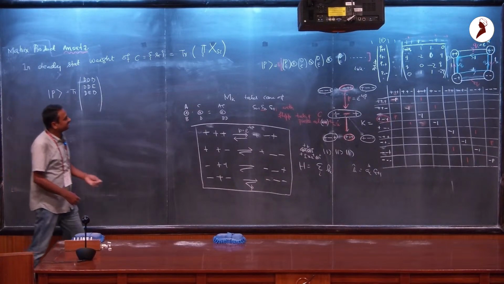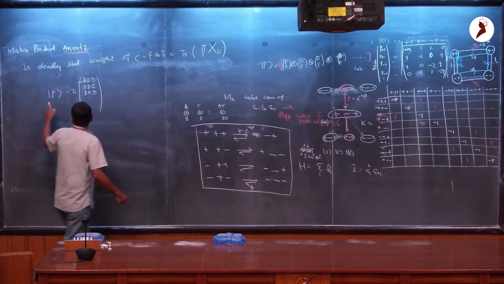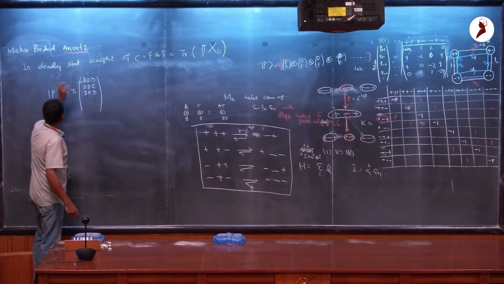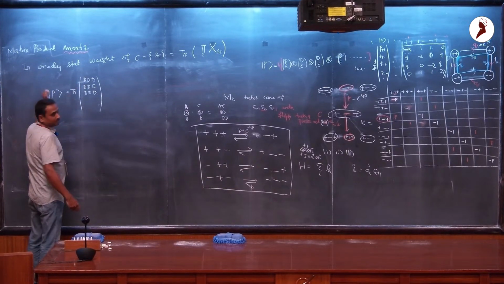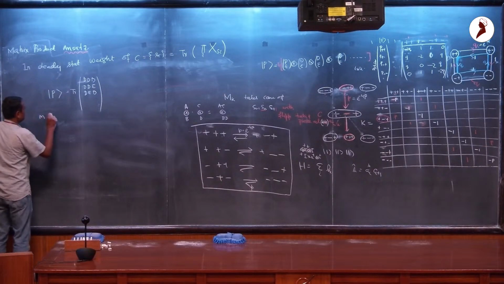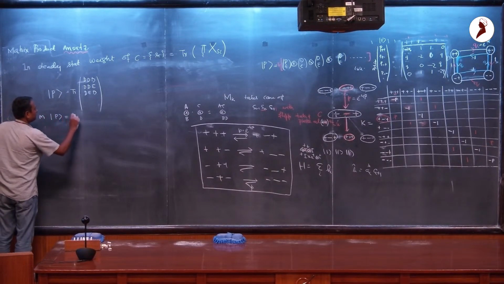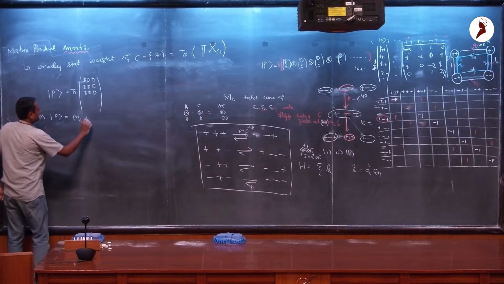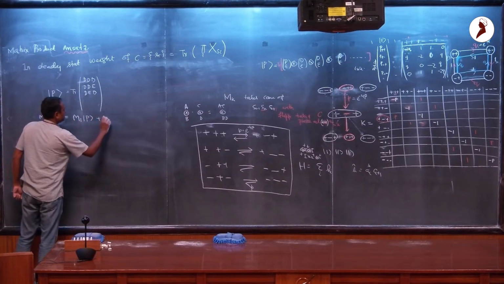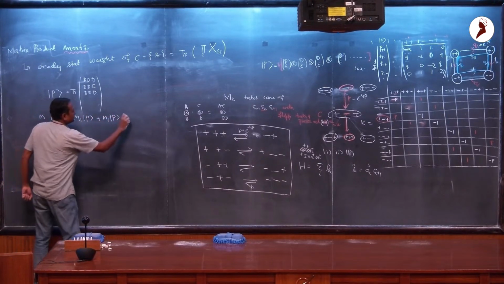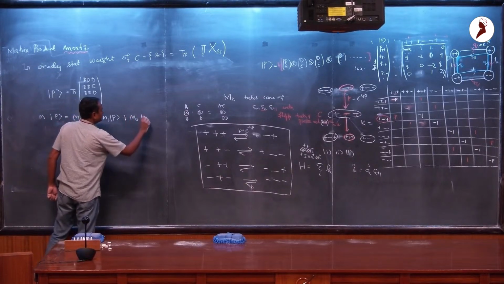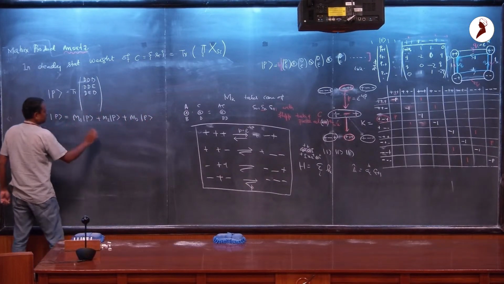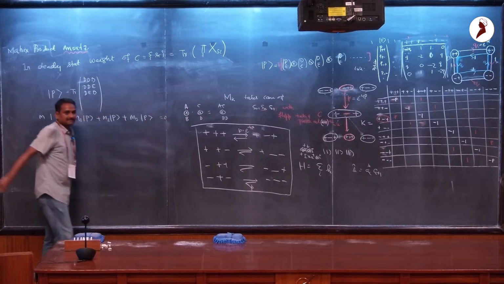What is the steady state condition? Basically it means that M operating on P is M1 operating on P plus M2 operating on P plus M3 operating on P, like that. M times P equals M1 times P plus M2 times P plus M3 times P, and you want this to be 0, right?